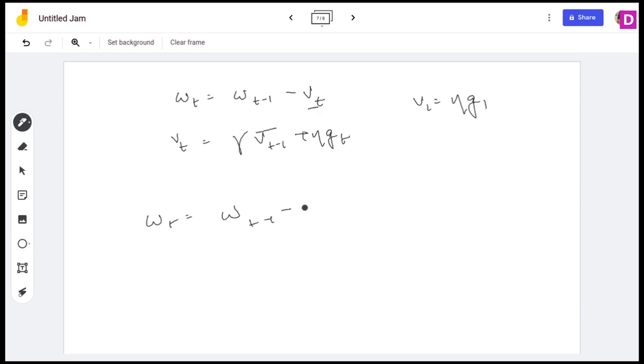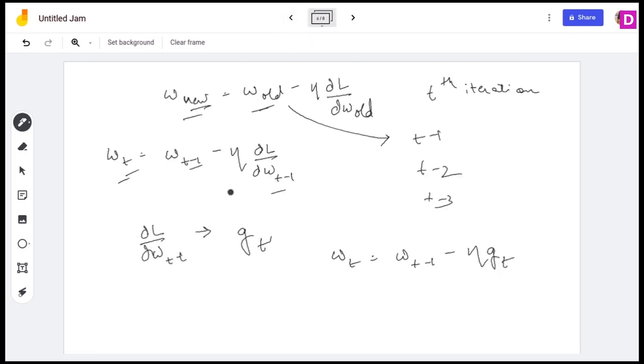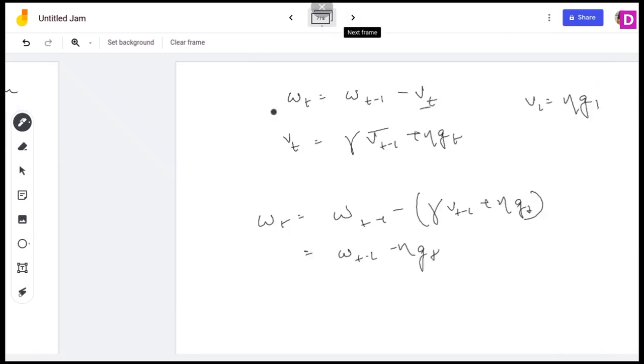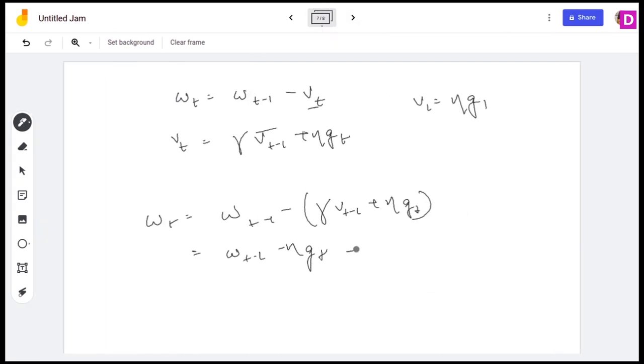Wt minus 1 minus gamma times of Vt minus 1 plus eta times of Gt. So you have Wt minus 1 minus eta times of Gt. This is the same as this equation here, the same thing, minus gamma times of Vt minus 1.